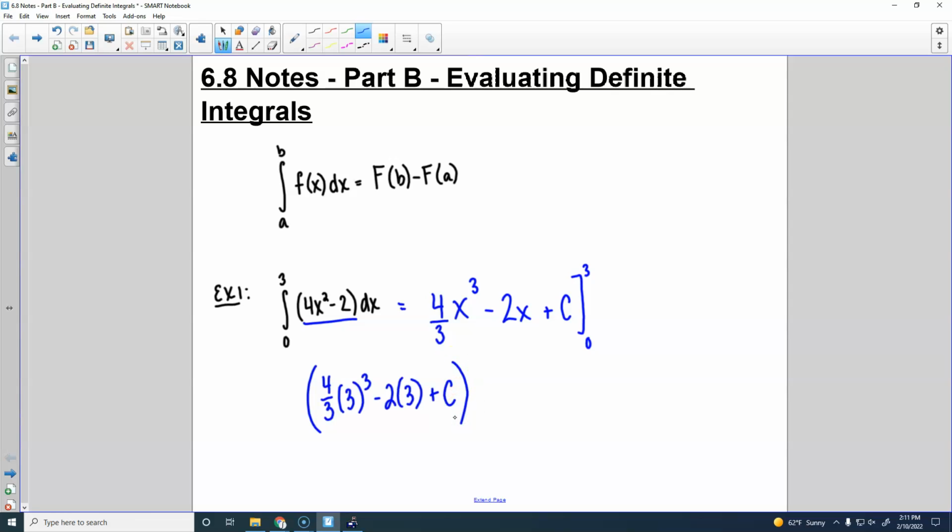I put parentheses around that because we have to subtract what we get when we plug in 0: 4/3 times 0 cubed minus 2 times 0 plus c.